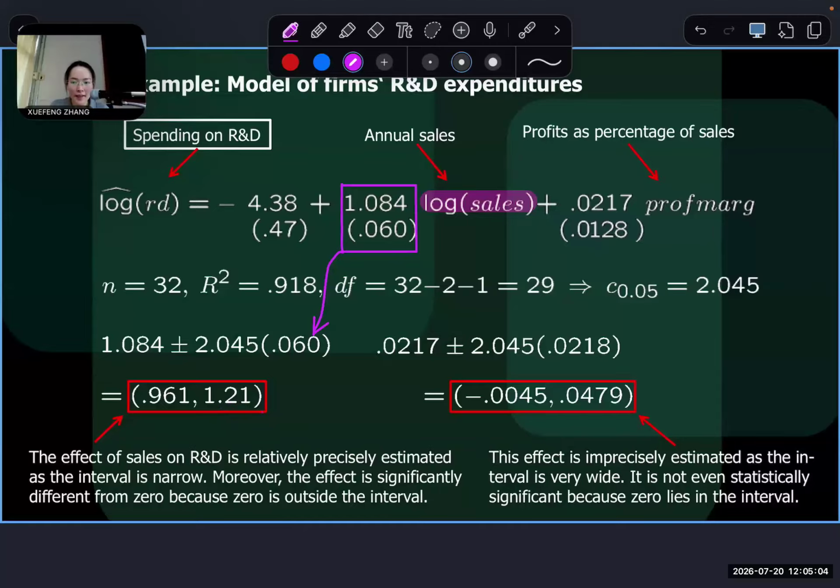Notice it's a fairly narrow interval, right? From 0.96 to 1.21. So this is quite narrow. So this effect is precisely estimated. Since 0 is not in this interval, this coefficient is statistically significant, right?